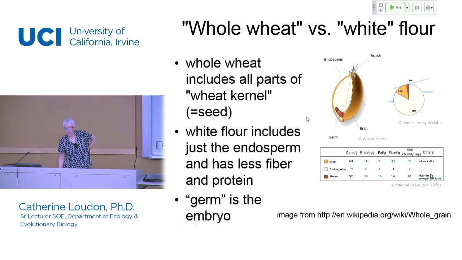Whole wheat flour then is what one gets if one grinds up all of the parts of the seed, and the white flour is just the endosperm, and it has much less fiber and protein than whole wheat flour because it contains different parts of the overall seed.